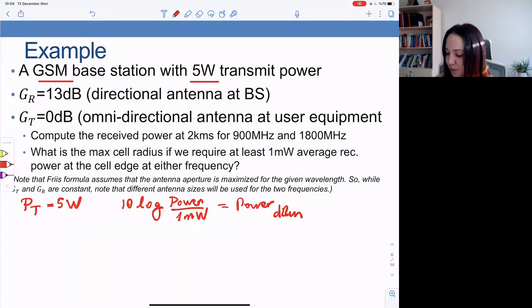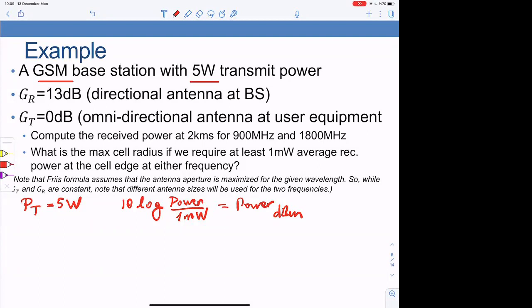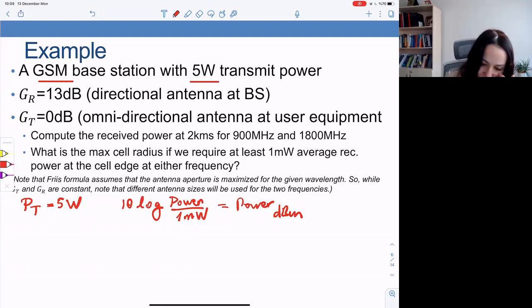Can anyone tell me? 27 dBm. Let's see, how did you get that?